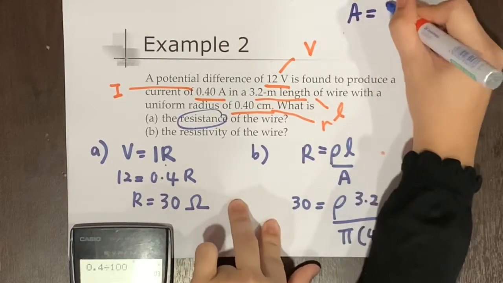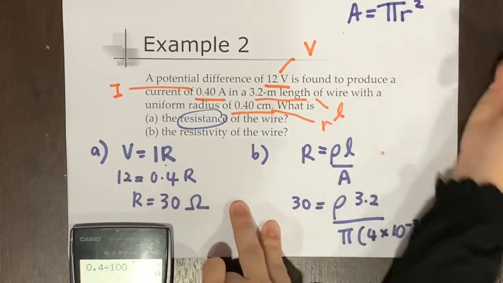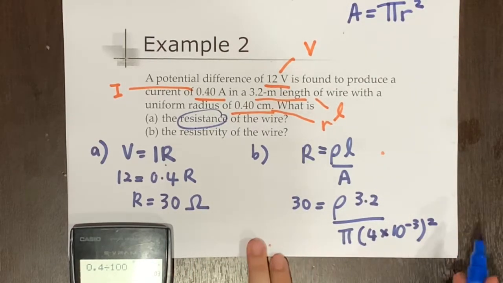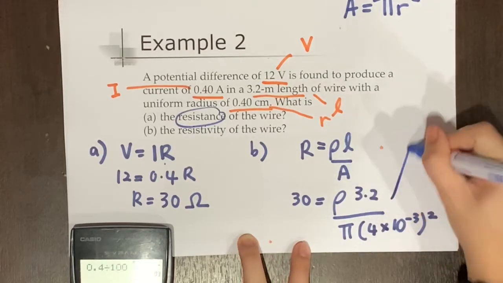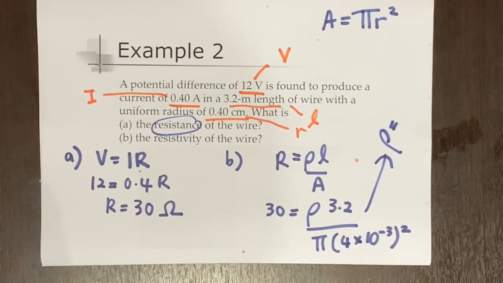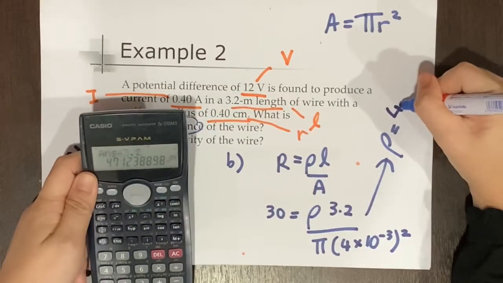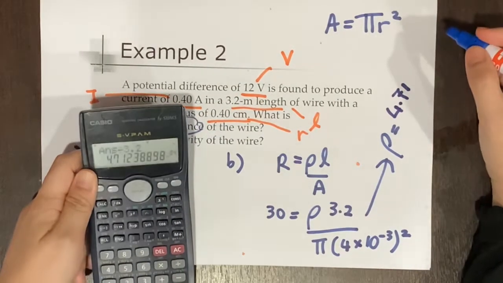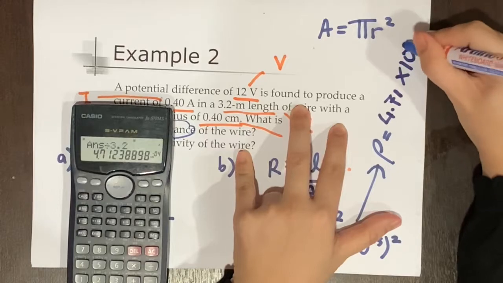So the answer for rho is equal to 4 times 10 to the negative 3 squared, times pi, times 30, over 3.2, which is 4.71 times 10 to the negative 4.